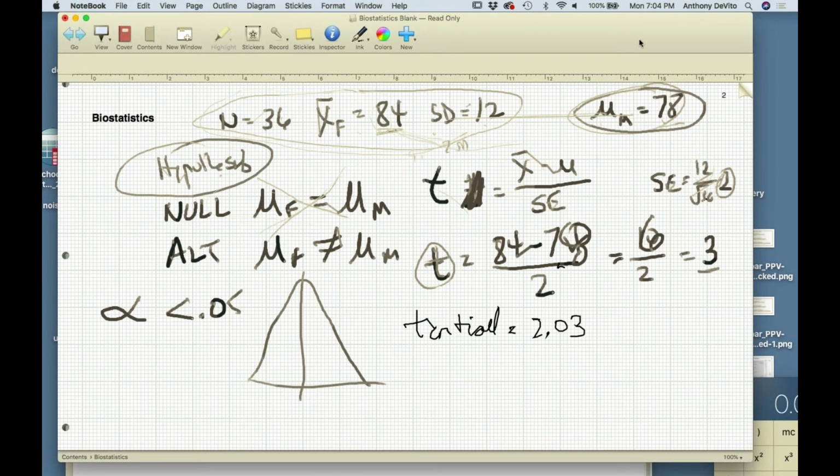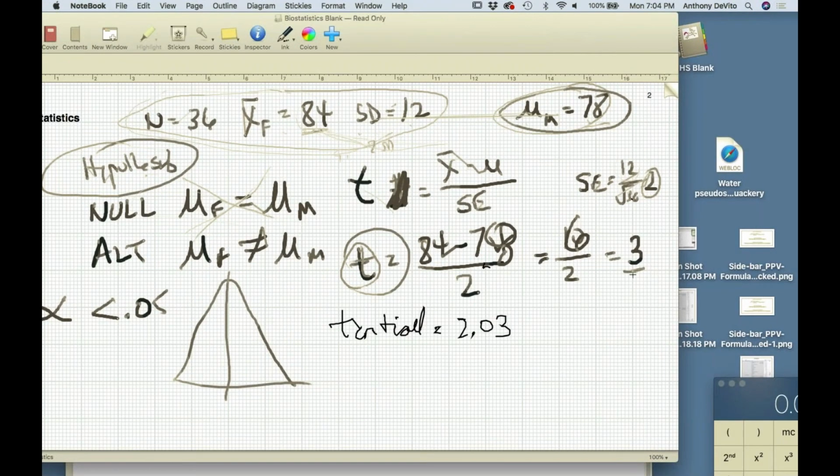So in this calculation, did our t equals 3 exceed our critical value of t, which is 2.03? Are these more than 2.03 standard errors apart, which is what our critical value is for a 95% certainty? 3 is bigger than 2.03, right?